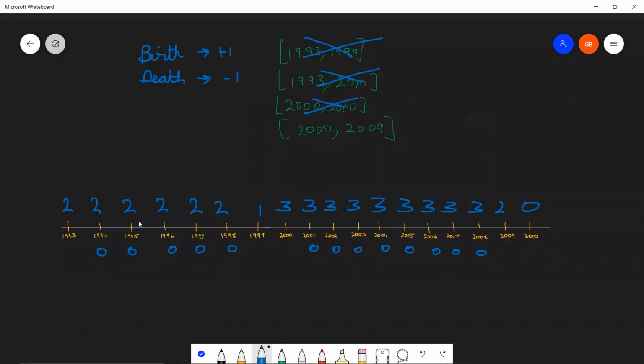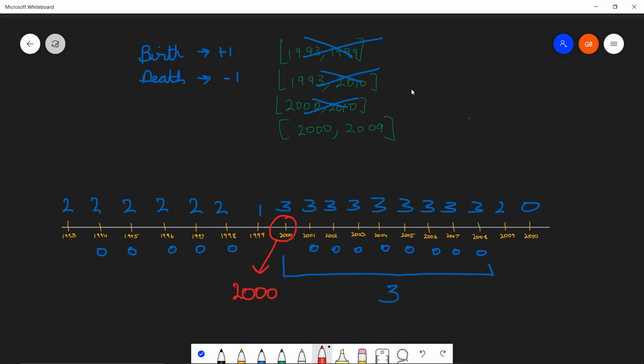So we have the cumulative sum with us, and it is very clear that the maximum population was in these years from 2000 to 2008, which was 3. Earliest year, of course, being 2000, and this will be our final answer.